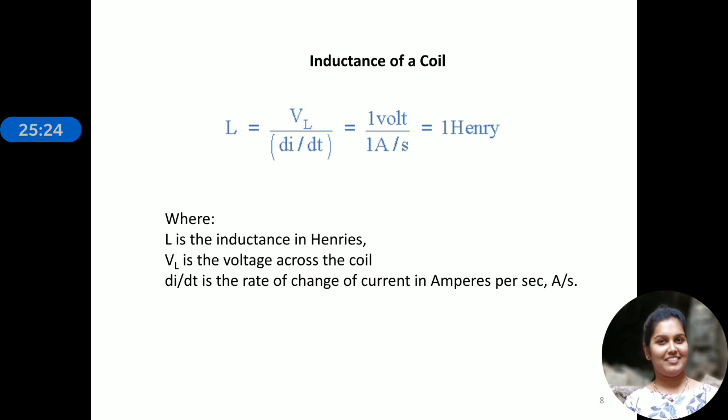So, by increasing the number of loops or turns within the coil, the coil inductance increases.